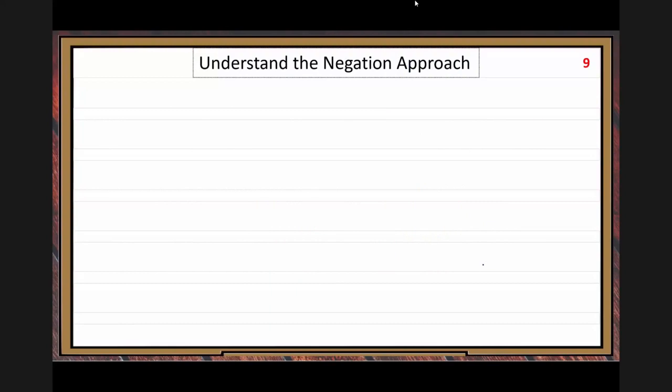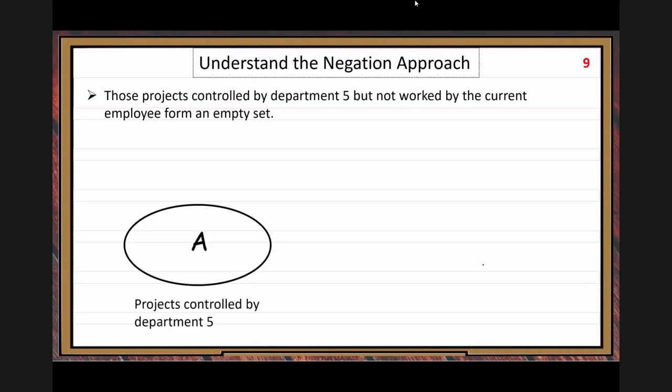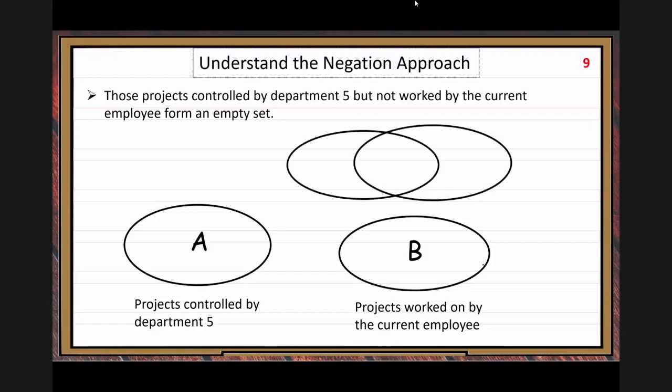Understand the negation approach. Those projects controlled by Department 5, but not worked by current employee, form an empty set. So set A, controlled by Department 5, is just different from what we used before; we used B before. And B, projects worked on by the current department.